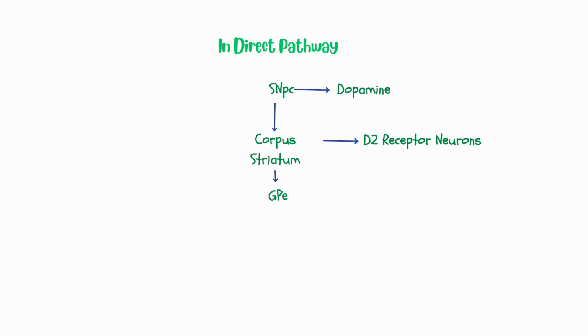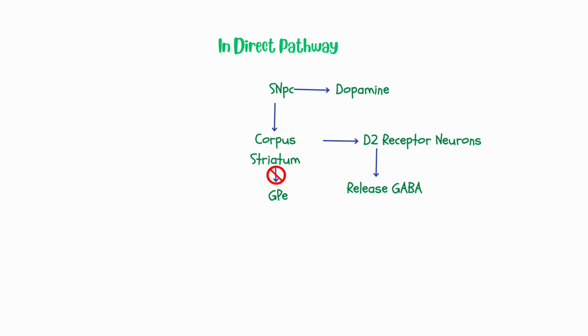This time dopamine binds to the D2 receptors found on the neurons that project to the GPE first. Once activated, these neurons release GABA, which inhibits the globus pallidus externus or the GPE for short.